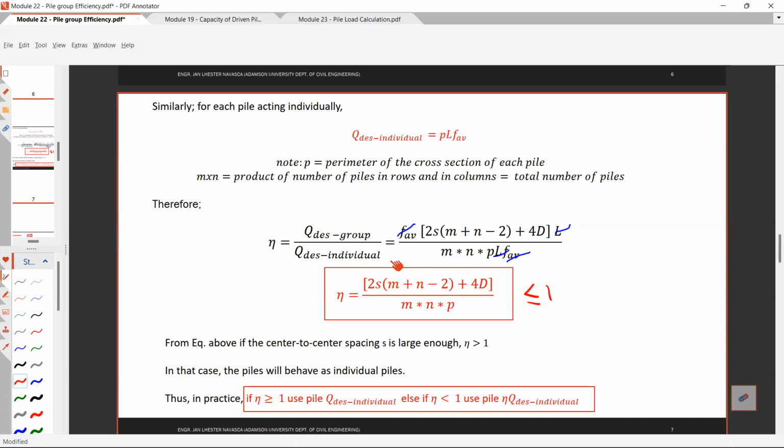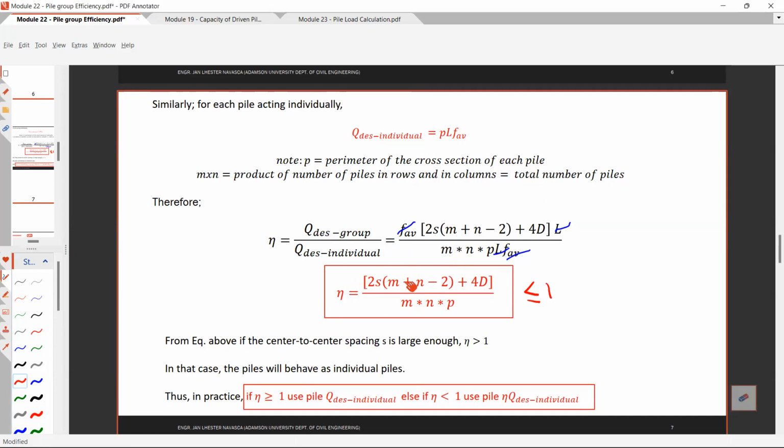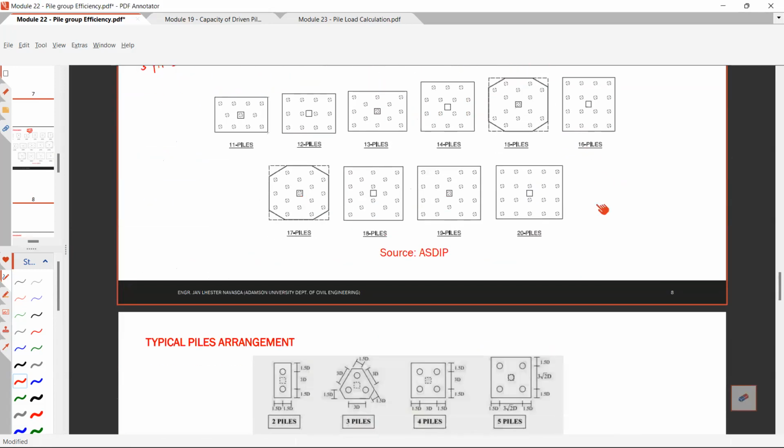But if you are a geotechnical engineer, they have other formulas used for the efficiency of the group. So it is a higher, more advanced analysis. I don't know. But the pretty basic one is this.